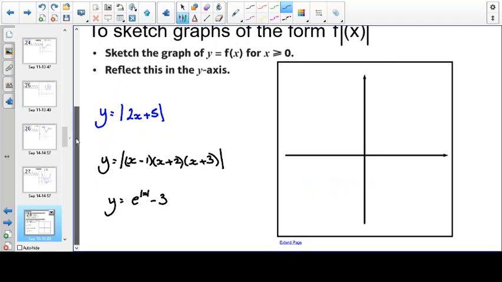Let's do one more. Y equals, let's do a trig one. Let's do cos mod x for minus 180 to 180.